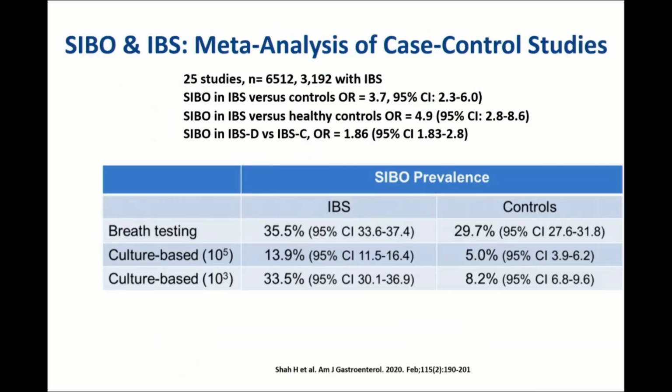So looking at this meta-analysis of the association between SIBO and IBS, SIBO prevalence in patients with IBS, utilizing breath testing, is about 35%. Utilizing culture, whether it's 10 to the 5th or 10 to the 3rd: if it's 10 to the 5th, it's lower at 13.9%, and if it's 10 to the 3rd, it's about 33.5%, which is similar to the breath test results.